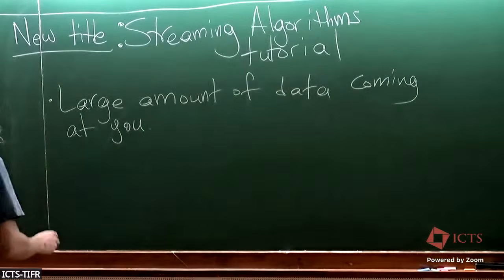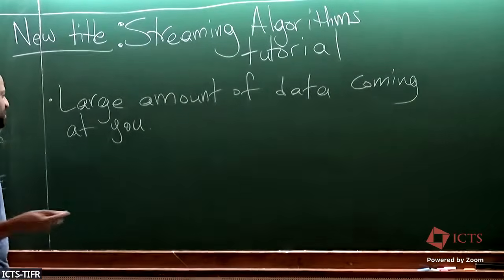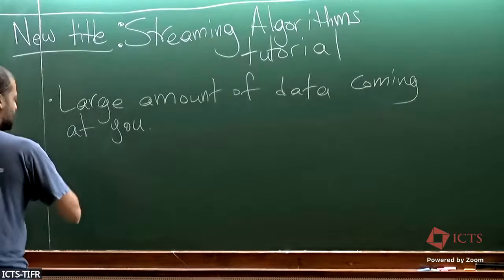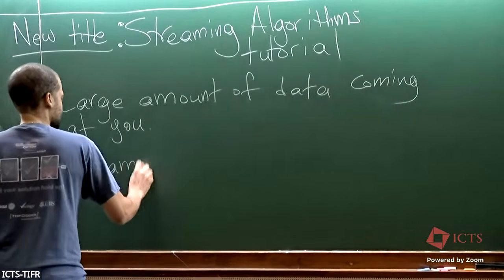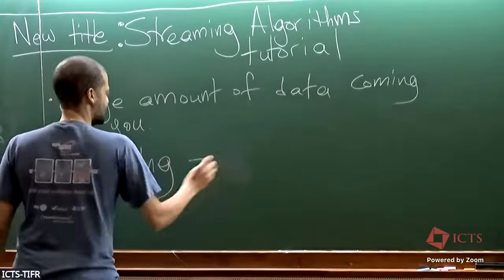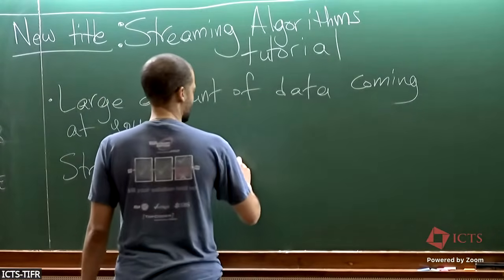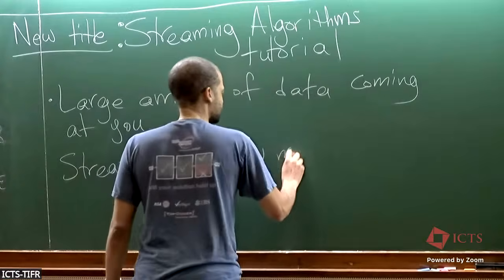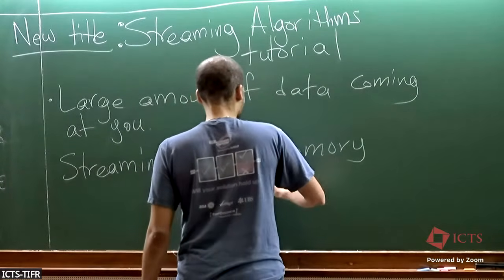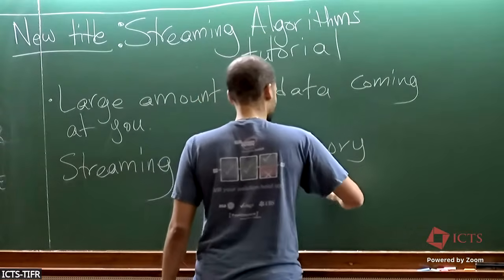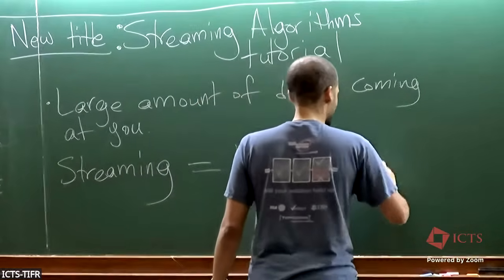Some of you are not computer scientists, but the analogy is that a streaming algorithm is the same thing as a low memory dynamic data structure. It's just a fancy way of saying the same thing.